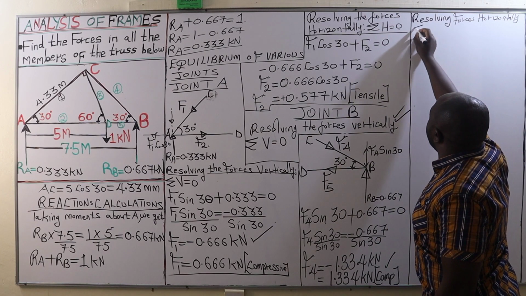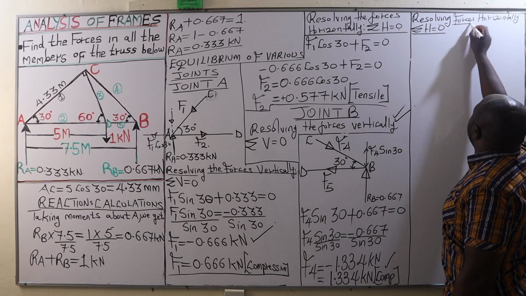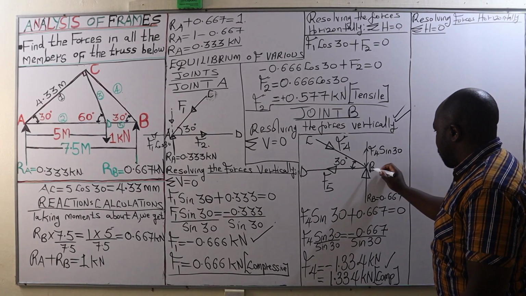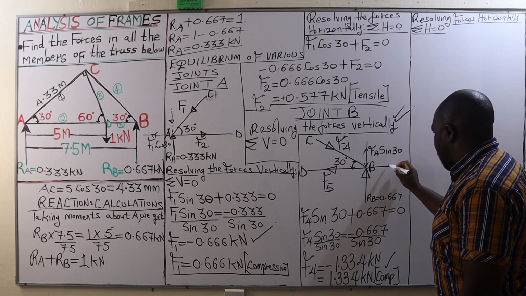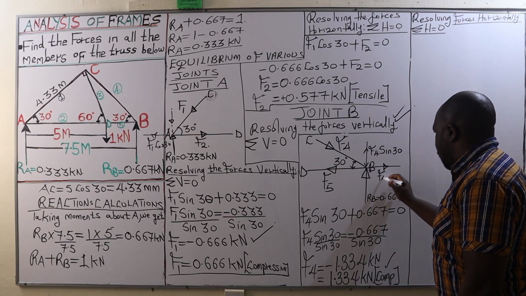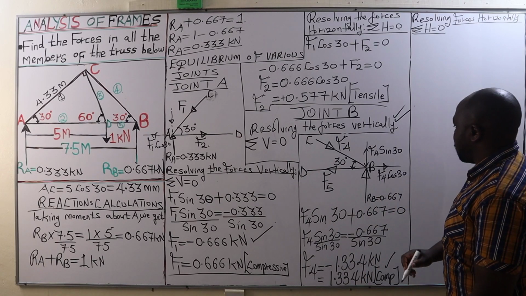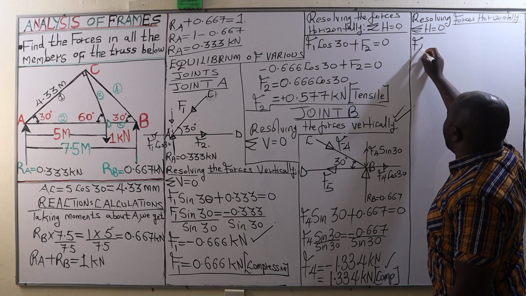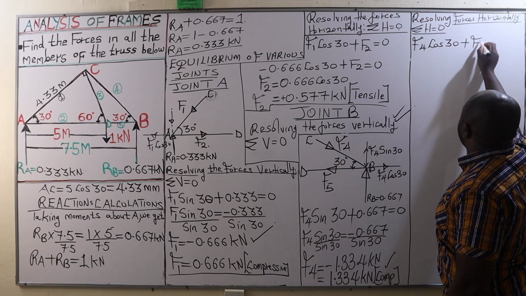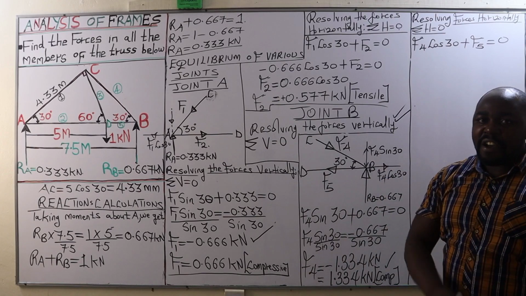Resolving forces horizontally and applying this principle of summation of all the horizontal forces being equal to 0, we are going to have F4 cos 30 plus F5 equals 0, both being horizontal forces.